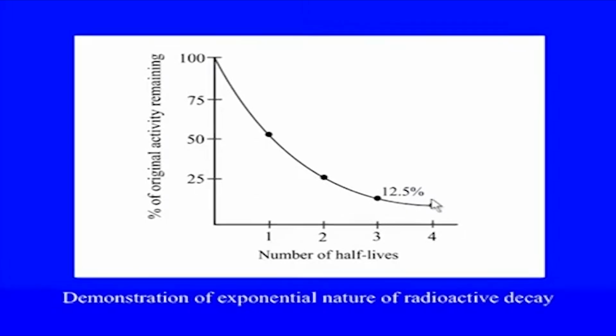It will be 12.5%, because it is half of the 25, and likewise you can keep on going. So, a particular radioisotope decays in terms of half life as we calculate the rate of decay, and it is the exponential nature of radioactive decay. So, you can calculate from the original event how many half lives a particular radioisotope has gone through.